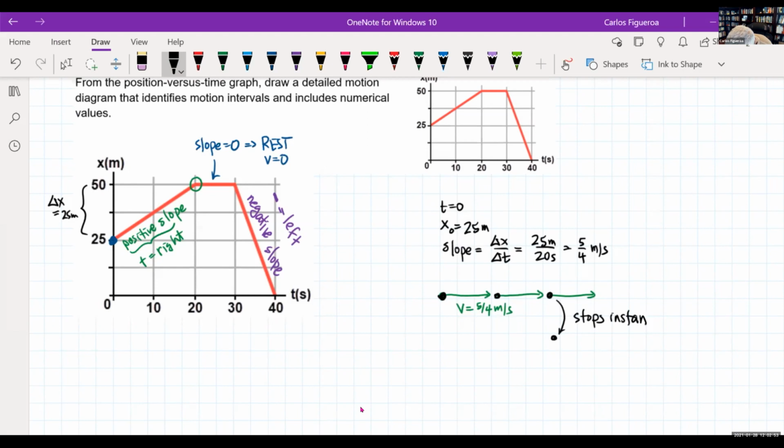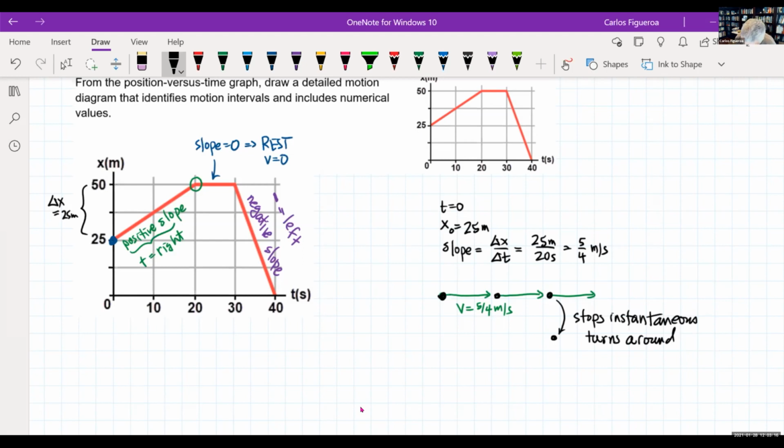Now, is this realistic? Of course it's not realistic, right? It instantly stops. So now that it's instantly stopped, what does it do? It turns around. Now, as it turns around, you're seeing a much steeper slope here.